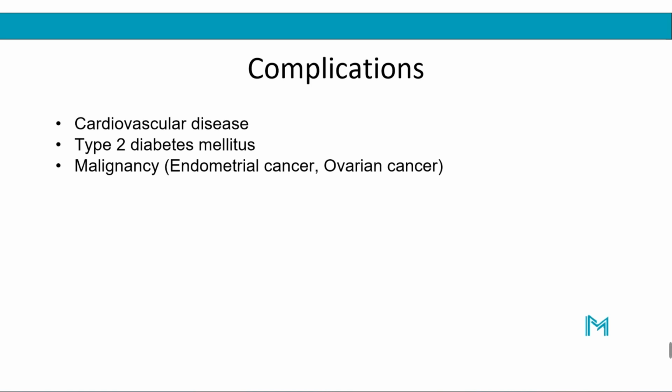So you have unopposed estrogen levels, as you see in patients with PCOS, and the estrogen here is coming from peripheral adipose tissue producing estrogen, and they have a very increased level of estrogen, and that stimulates and causes endometrial hyperplasia, and that increases the risk of developing endometrial cancers.